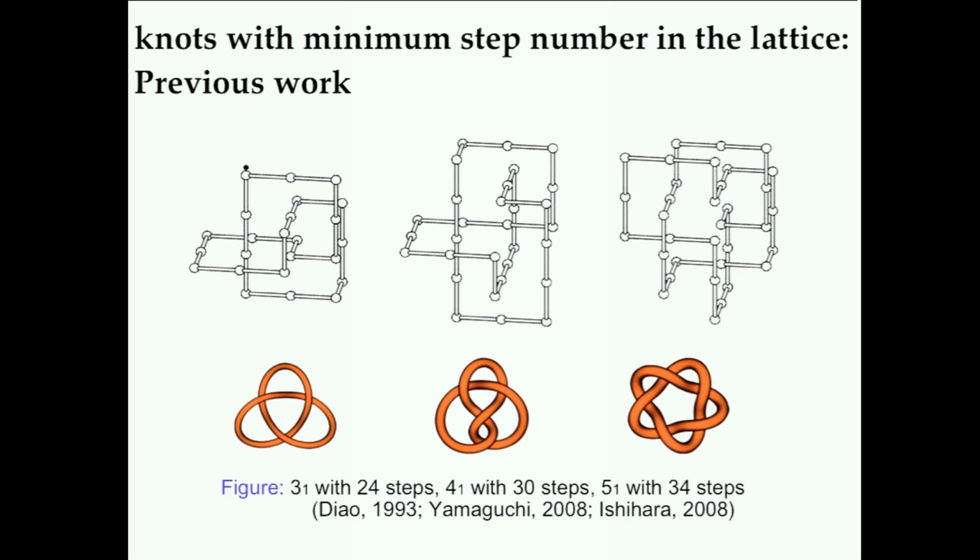He was the first person proving that the trefoil can be made with 24 sticks. Then this was followed by Yamaguchi and Ishihara, who showed that the 4-crossing knot has 30 steps and 5-1 has 34 steps. And these proofs are analytical proofs.